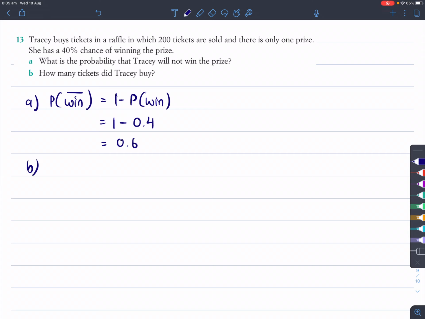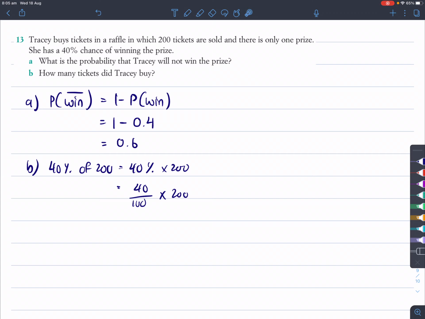Question B. How many tickets did Tracy buy? Well, Tracy bought 40% of these because this would mean that she has a 40% chance of winning the prize. So let's calculate 40% of 200, which is the same thing as 40% times 200, or 40 out of 100 times 200.